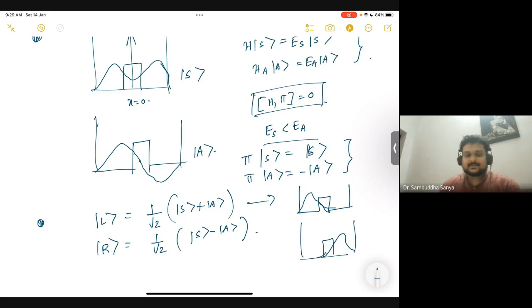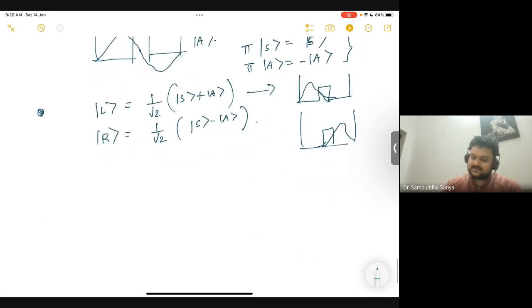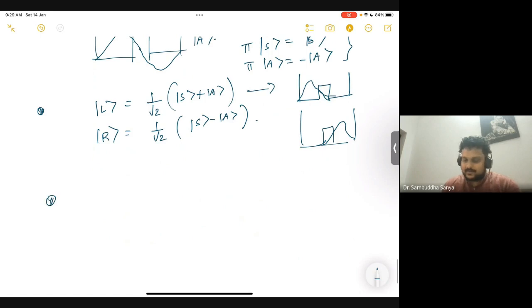Now I want to ask, if I start with this, what will be the dynamics of the system? It is very simple. You already know what to do. I want to ask: if I start with L at t equal to 0, what is it at time t?